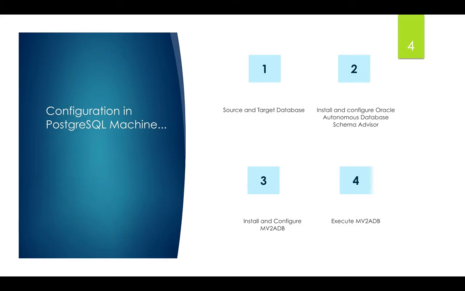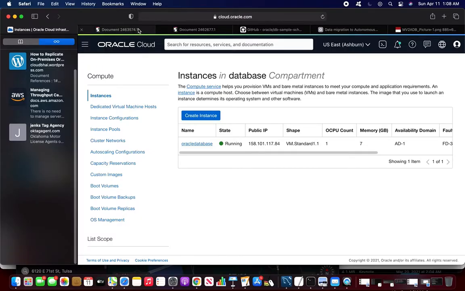The last step is to execute MV2ADB, where I will show you the different steps: verify, create the object store bucket, do the export, transfer the export from the local file system to the object store, then import with IMPDP from the object store to the Autonomous Database, and finally verify.